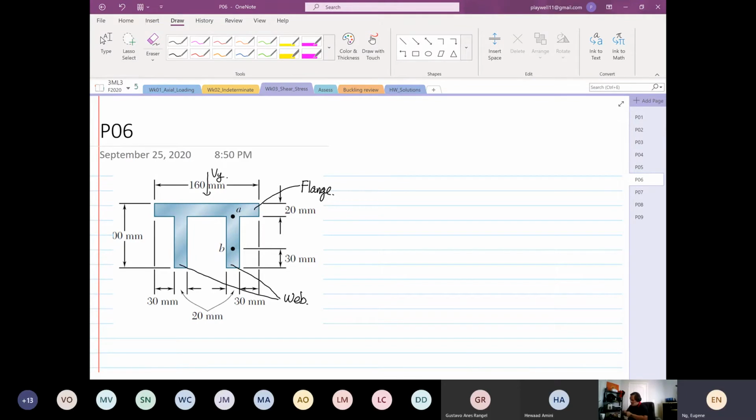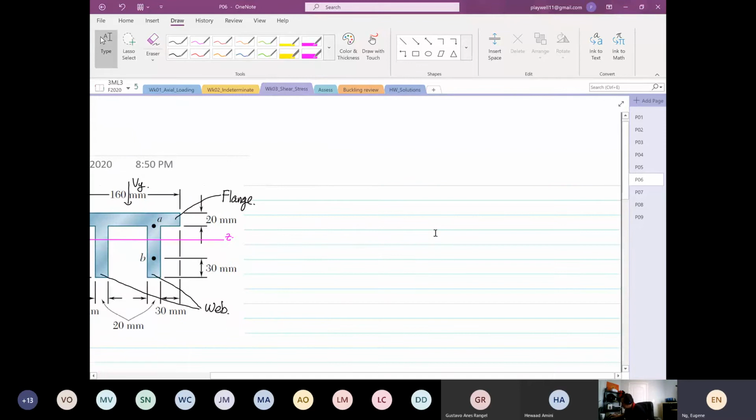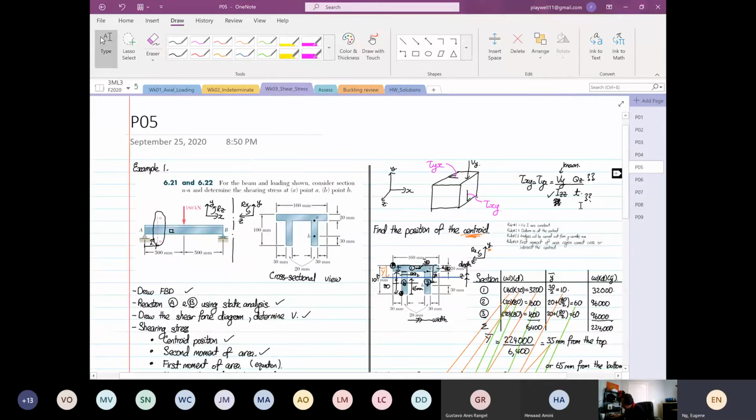So now we know the horizontal is our ZZ. From our ZZ, we know the distance from here to here is 35 millimeters. The first thing we're going to do is copy the rules again.